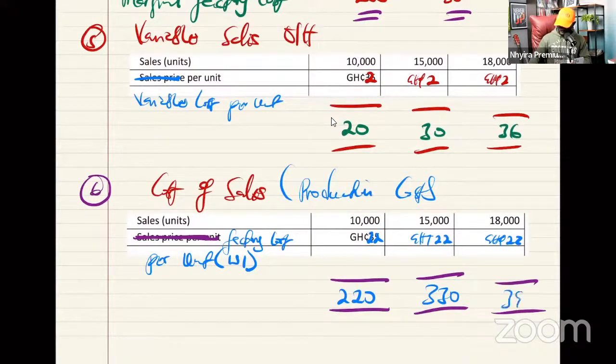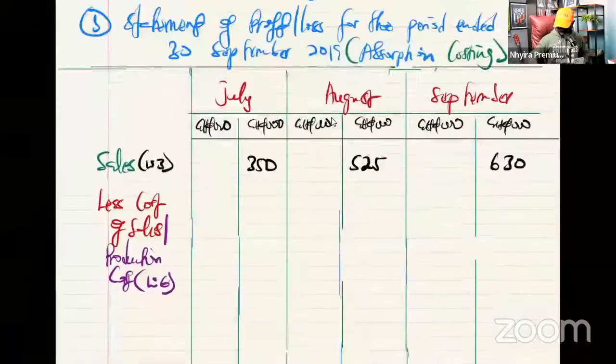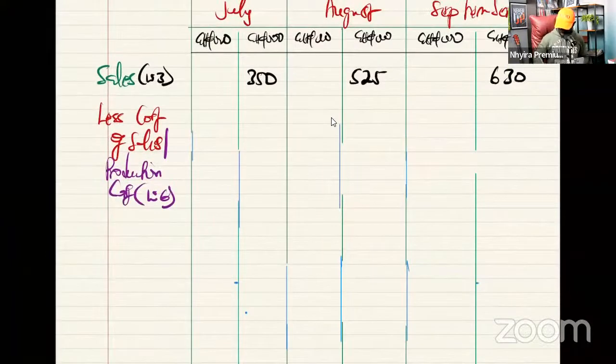That'll be 396. So you see that we are working around the sales. So 220, 330, 396. We bring it up: 220, 330, and then 396.